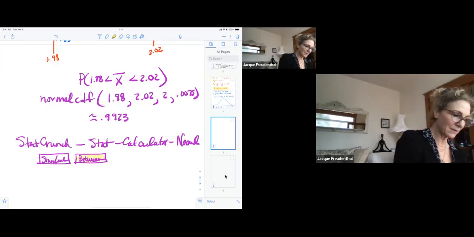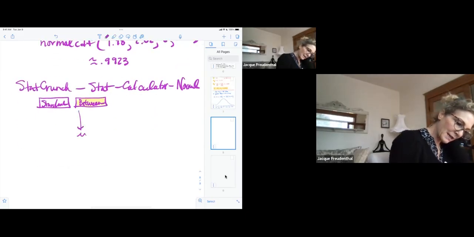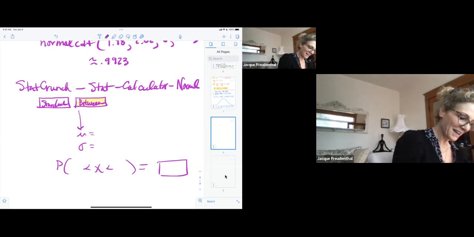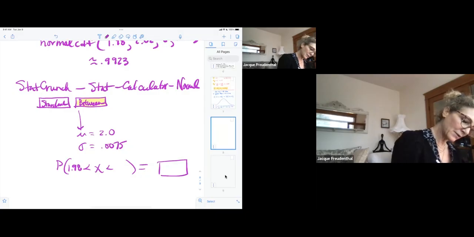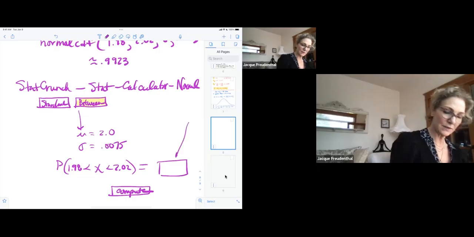At the bottom, we put in the mean, the standard deviation, and the probability bounds in between. Put in your 2.0, your 0.0075, your 1.98, your 2.02, and press Compute, and it gives you the answer right here.